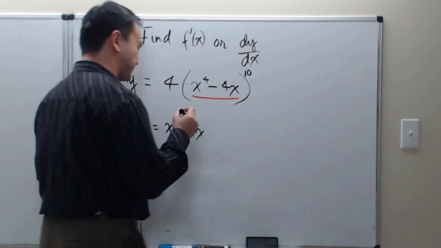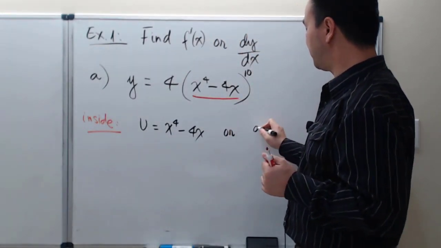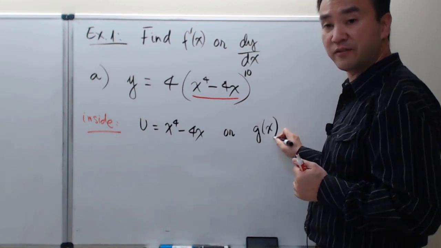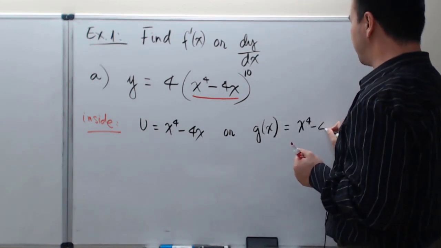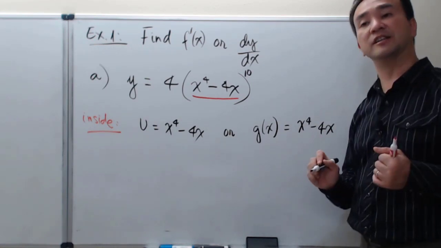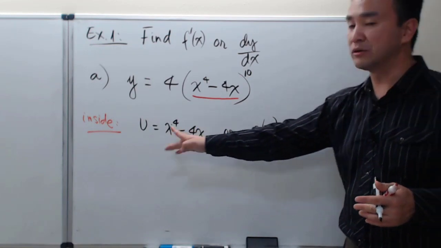Or alternatively, anyone can refer to this as a function g of x, being x to the 4th minus 4x. I'm trying to make it very similar to how I was lecturing earlier regarding recognizing the inside and the outside. So there are two different styles here.